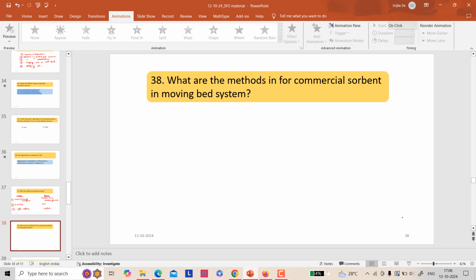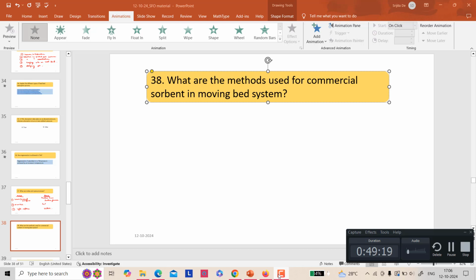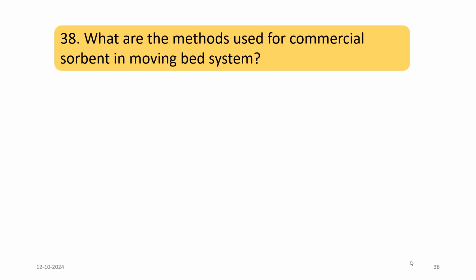So first one is the Sorbex process. Second one is the Aromax process. And third one is the AdSafe process.